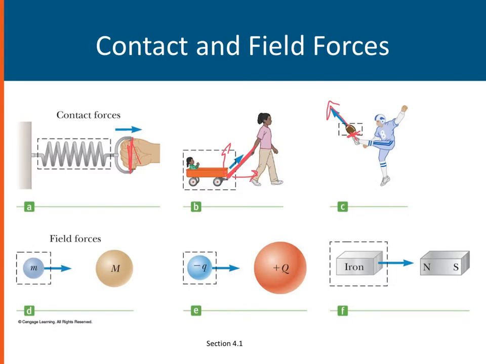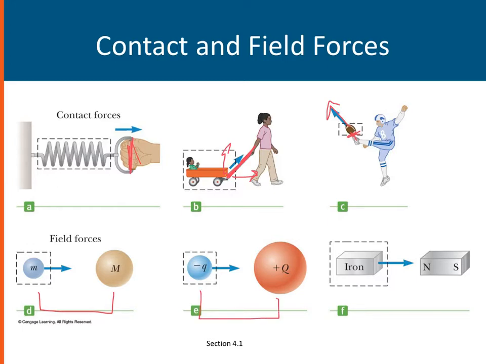Now some examples of field forces, and we'll just look at these 3 right here. There are more, but these 3. This one is depicting gravity, in that when we have two masses, they attract because of the gravitational pull, and we'll get into that a little more deeply in this unit. And another one is electrostatic.